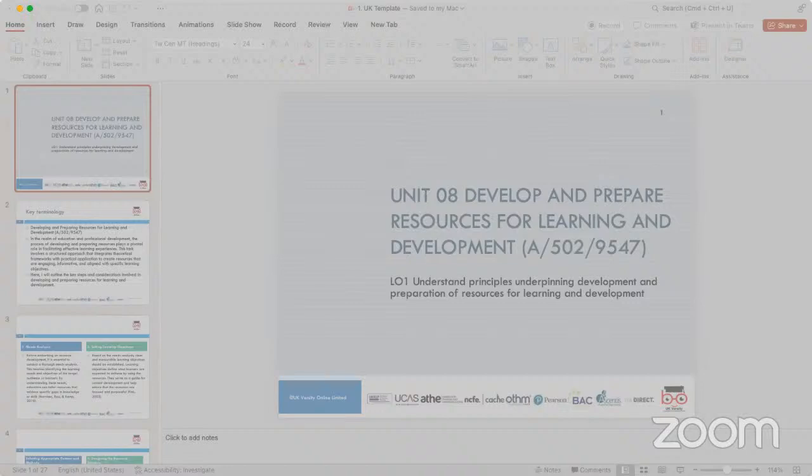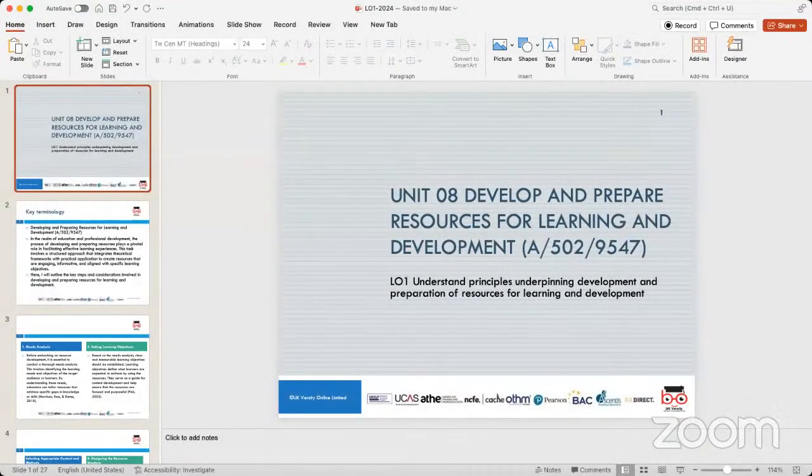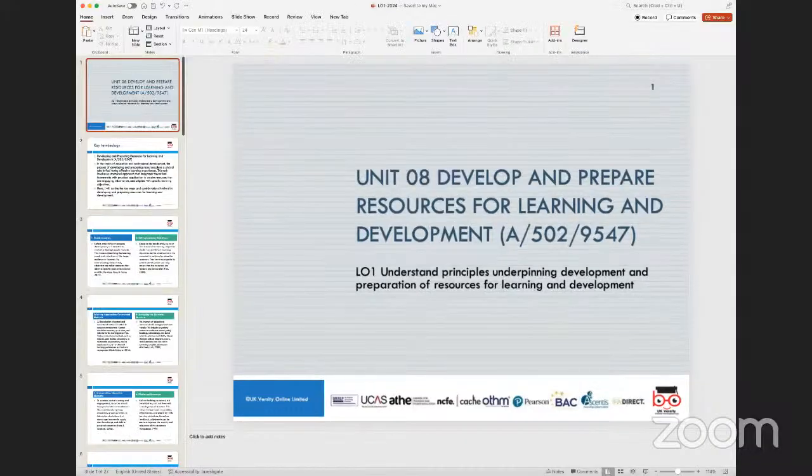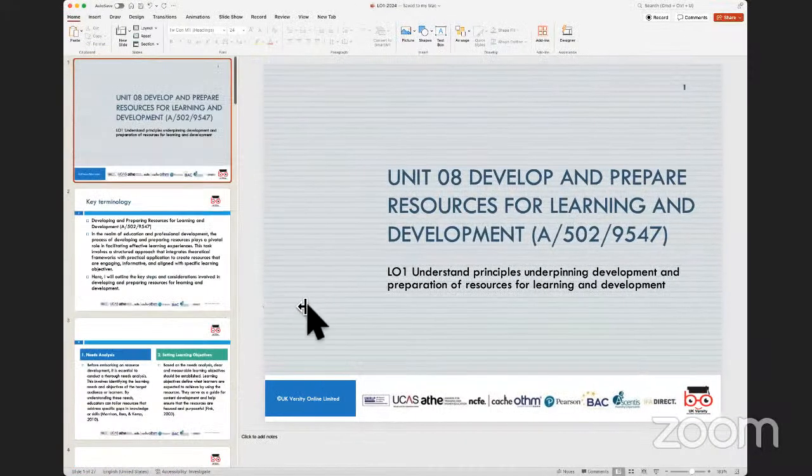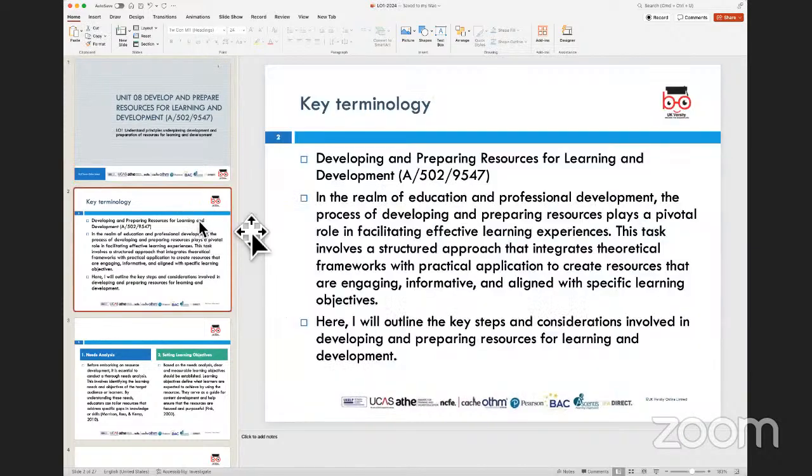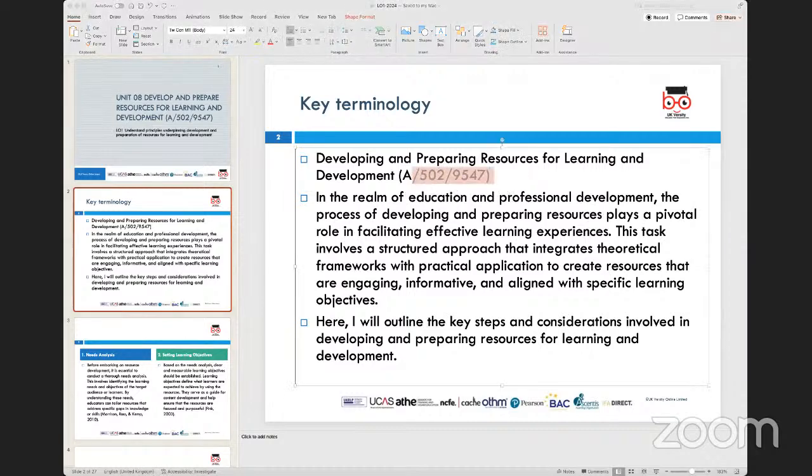So that's the unit code, which is developing and preparing resources for learning and development, and we will start discussing.